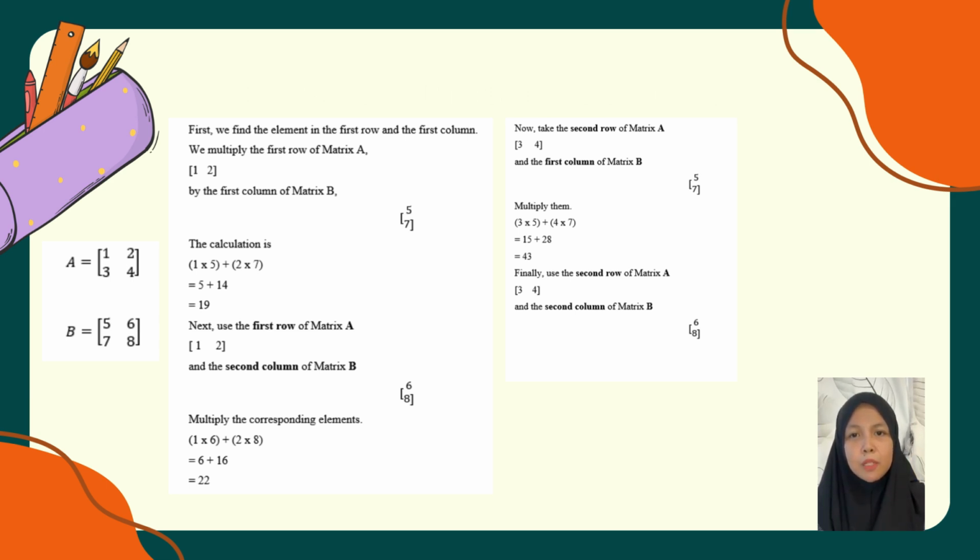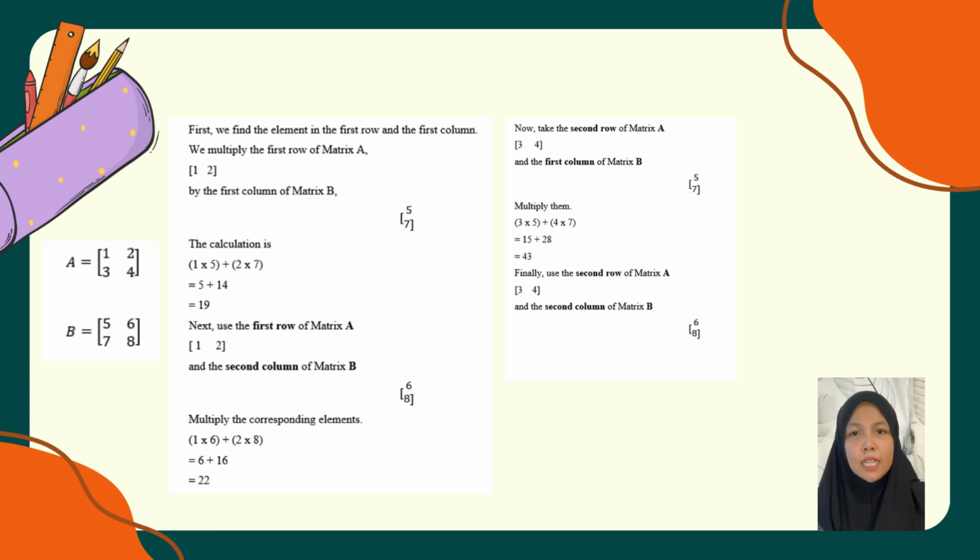Next, use the first row of matrix A, 1, 2, and the second column of matrix B, 6, 8. Multiply the corresponding elements. 1 multiplied by 6 plus 2 multiplied by 8 equals 6 plus 16 equals 22.